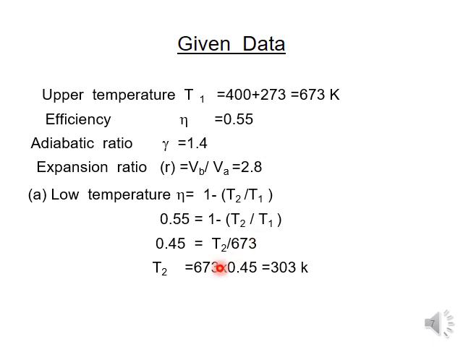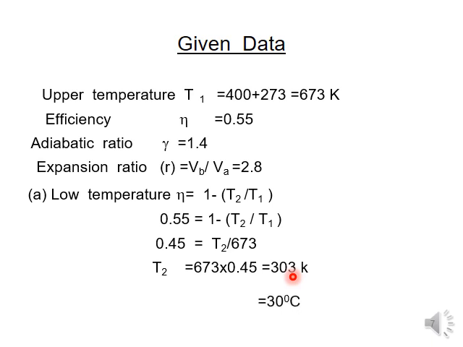So check it, it is less than 673, this is 303 Kelvin. If you get the answer more than 673, it means there is a mistake in your calculations. So check once. Always in the Carnot cycle, the higher temperature is T1 and the lower temperature is T2. So here T1 is the maximum temperature 673 and T2 is the lower temperature 303 Kelvin.